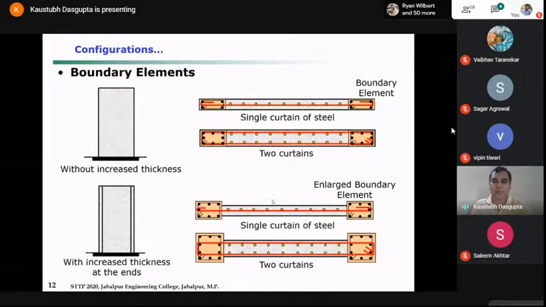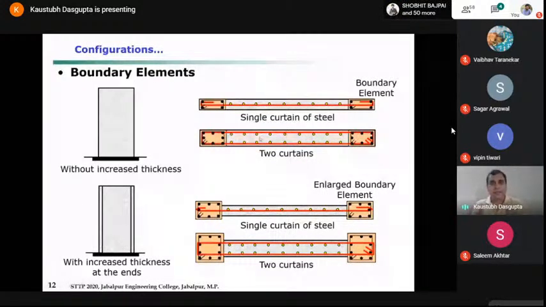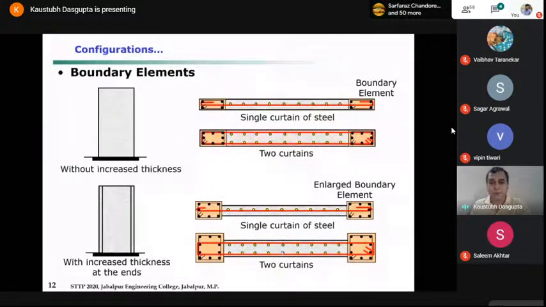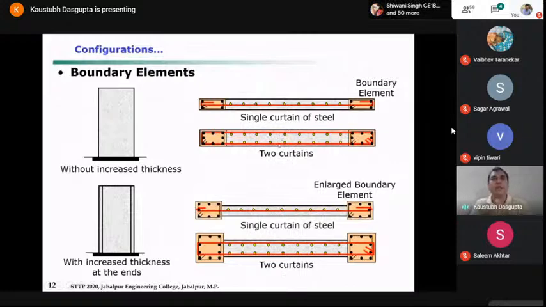But if you have two layers, the intermediate concrete is somewhat confined between the horizontal bars. This is a cross section. So at different layers, you'll have the horizontal bar with some certain vertical spacing. So your confinement effect will somewhat get mobilized if you use two curtains or two layers of bars. Okay? So this one is preferable, and most of the time when we use shear wall in building construction, we use two layers of bars.